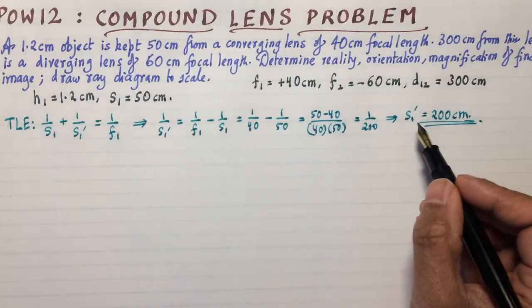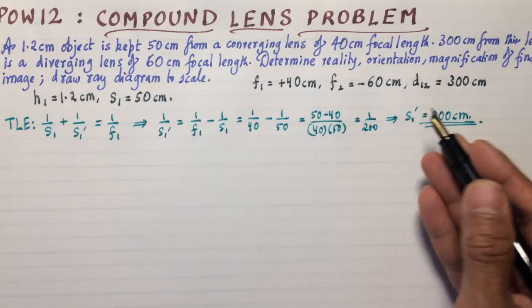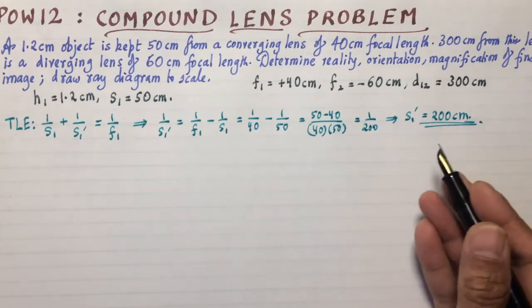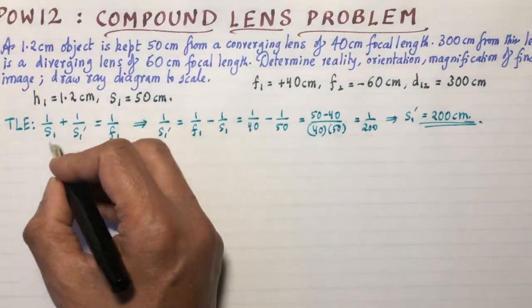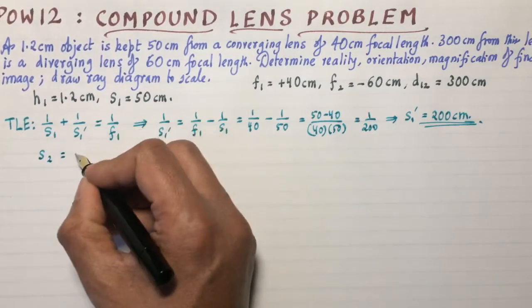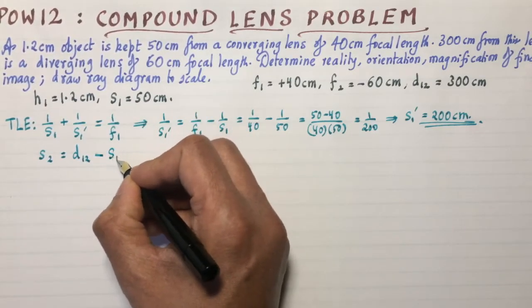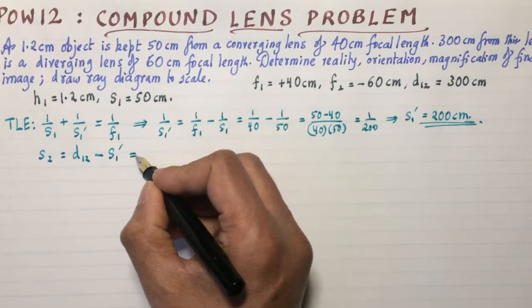The distance of the first image from the second lens is going to be the new object distance for the second lens. That new object distance will be called S2. So S2 is going to be D12, the distance between the lenses, minus the location of the first image.